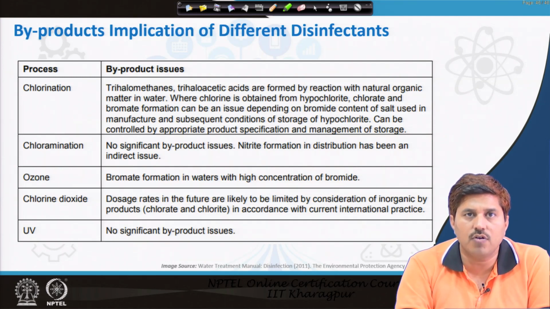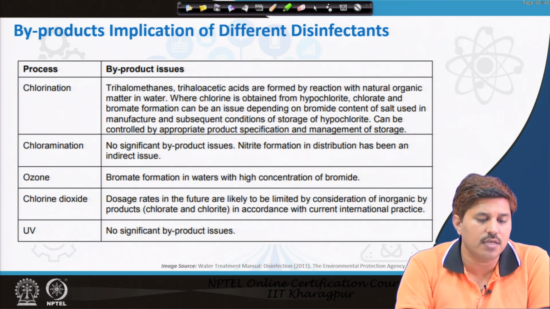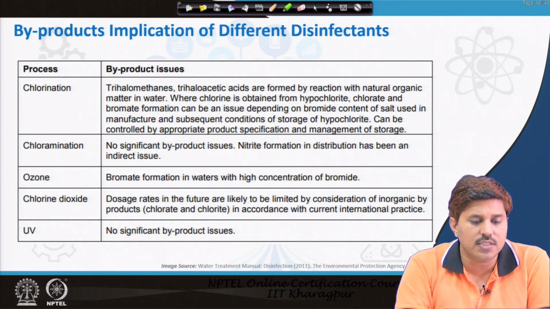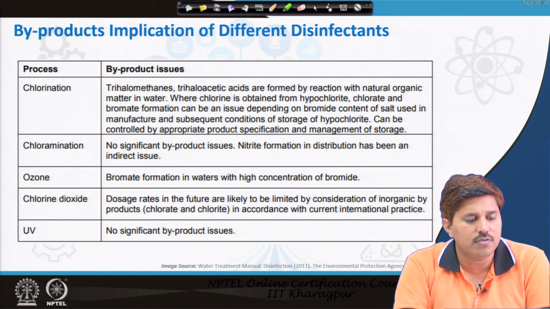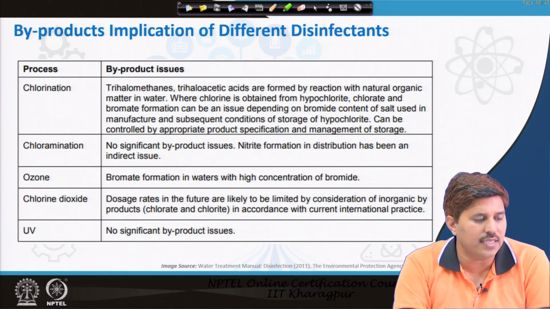It produces trihalomethanes and haloacetic acids, which are carcinogenic. Okay. So, that risk is there, where chlorine is obtained from hypochlorite, chlorate or bromate formation can also occur. So, these are some of the challenges with the chlorination process.